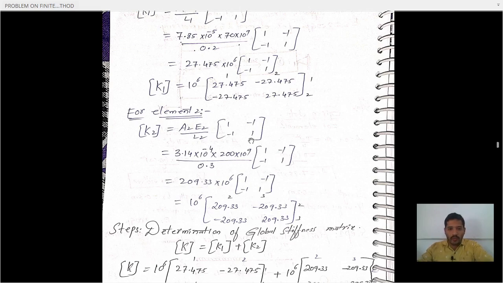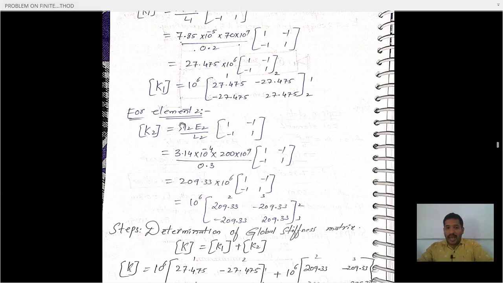If you divide the whole component out, you get 209.33 into 10 power of 6. Then you just multiply by 1, so it becomes 209.33, minus 209.33, minus 209.33, and 209.33. You just multiply this term above as well as below.